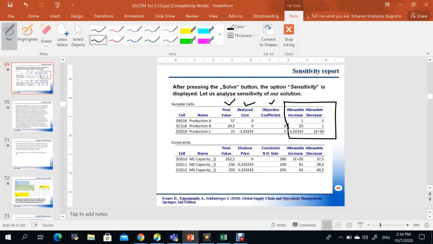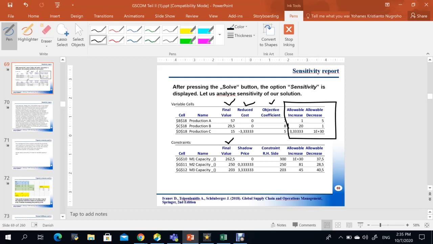Now we go to the lower table. The third column of the lower table shows the used capacity to produce products A, B, and C. So here, the used capacity. The shadow price column shows the possible profit decreases because of capacity of producing each product A, B, C increases by 1 unit.